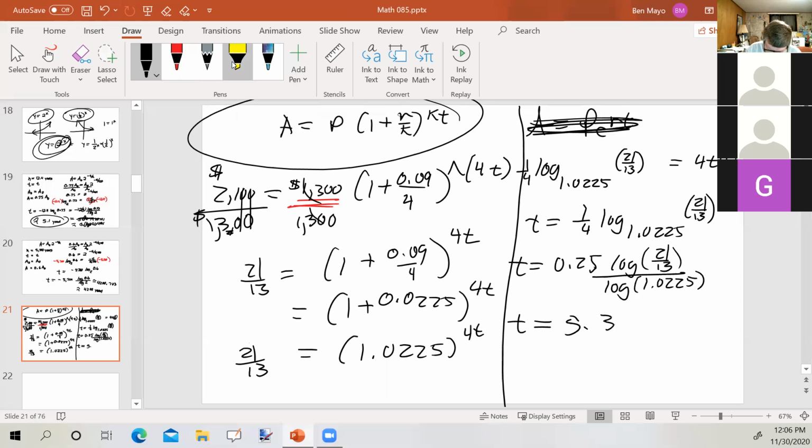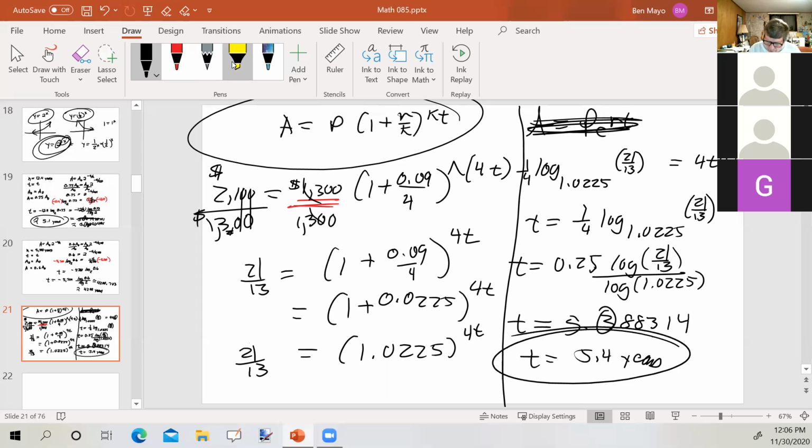I'm getting 5.388314, etc. This one, we're going to round to the nearest 10th of a year. So that would be 5.4 years approximately. Right with that? Yes. Okay.